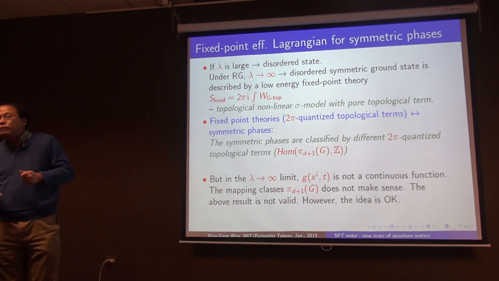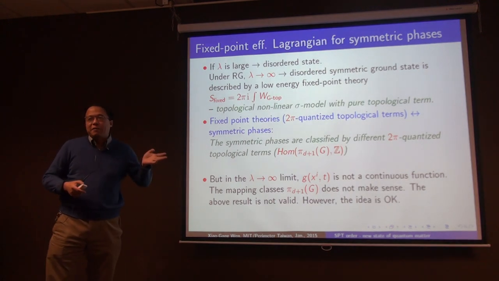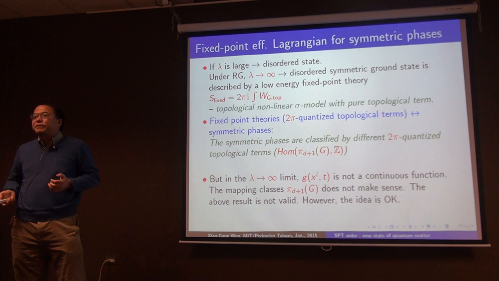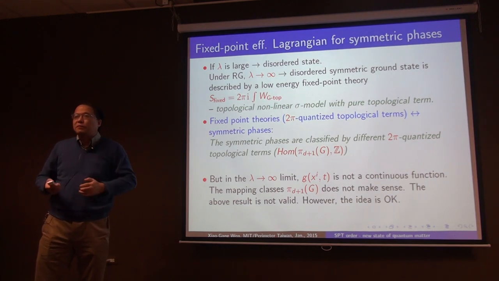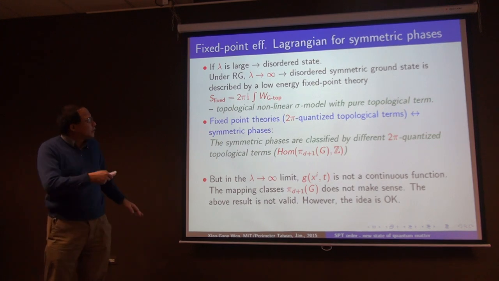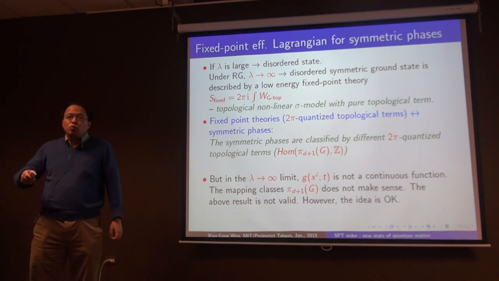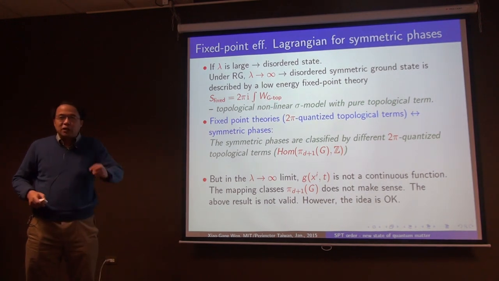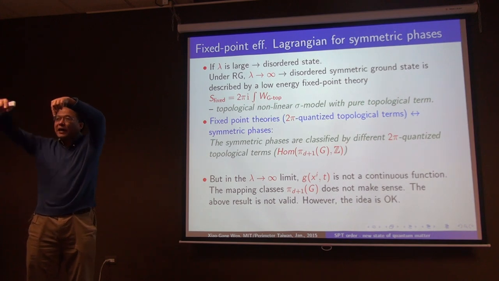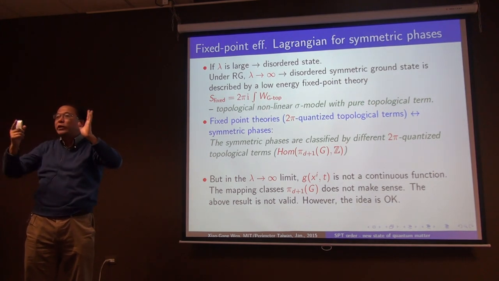So here we have to consider the lattice, because all field theories have ultraviolet regulation, have the cutoff. So we have to really bring in the cutoff. So put our nonlinear sigma model on the lattice. In this case, when you put the nonlinear sigma model on the lattice, when lambda goes to infinity, that means the field on different lattice points, even on neighboring lattice points, can fluctuate independently and randomly.